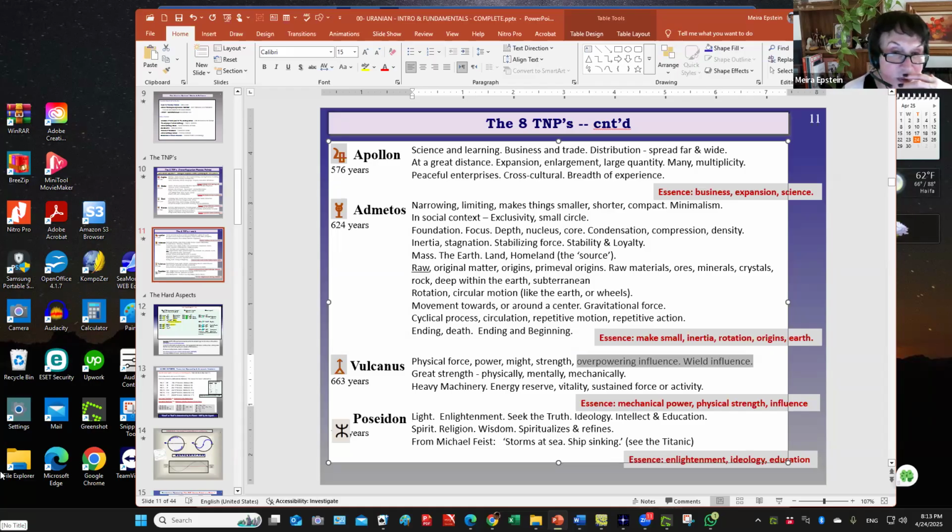So occasionally I ask him about things, and for Poseidon he says storms at sea, ships sinking, see the Titanic. A long time ago, it occurred to me to look at the chart for the sinking of the Titanic, which is more than 100 years ago, 1912, I think, to see if Poseidon was in the chart, because Poseidon was the god of the ocean.